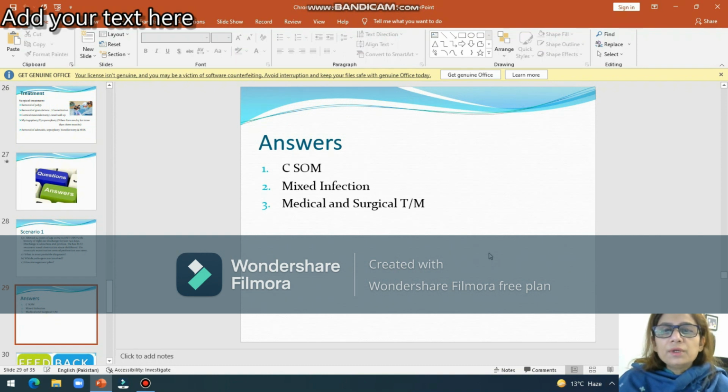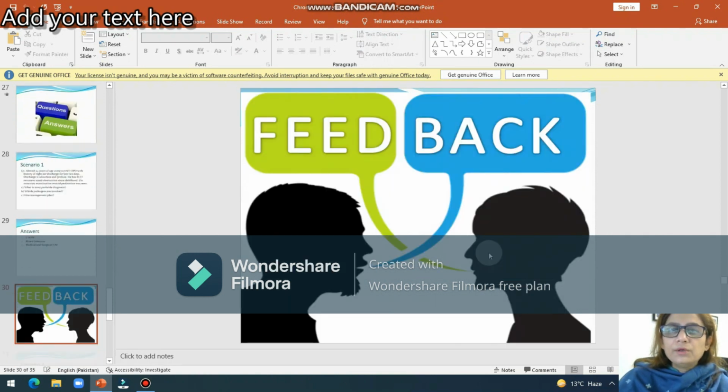Then if the patient is not improving, you will send pus for culture sensitivity, and if you suspect associated mastoiditis, you will advise CT scan, and along with it give medical treatment in the form of antibiotic drops or systemic antibiotics. If the patient is not improving, you will think of surgical treatment. Surgical treatment is cortical mastoidectomy, that is a canal wall up operation. You will clean the mastoid air cells and do reconstructive surgery of the tympanic membrane and ossicles.